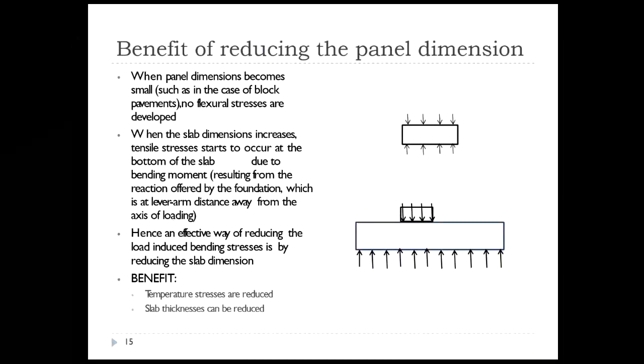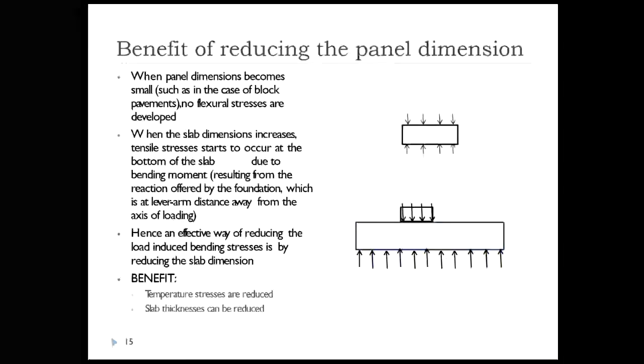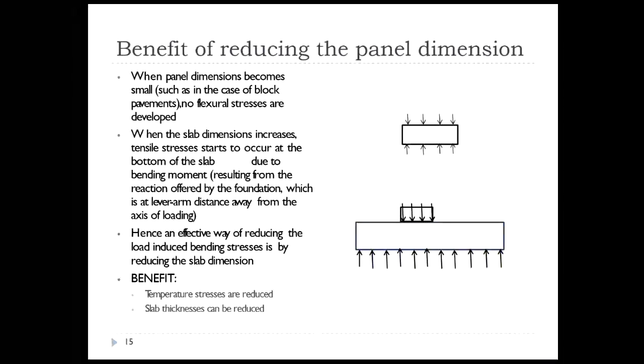You will not find cracks in interlocking block pavements, but you will find differential settlement, because each of those blocks is experiencing compressive stresses. Hence an effective way of reducing the load-induced flexural stresses is by reducing the slab dimension.